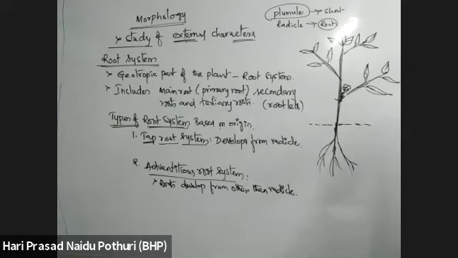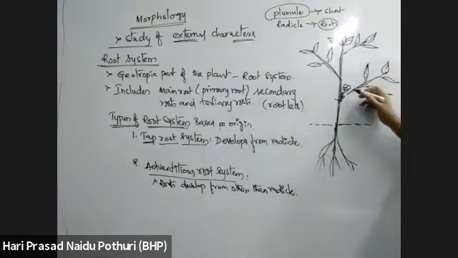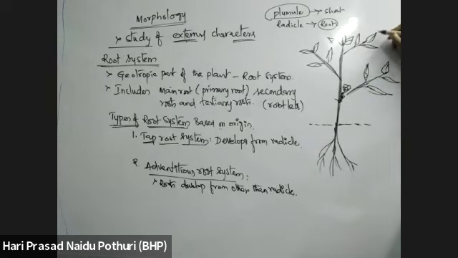Some parts of the plant have the ability to develop roots directly. These roots may be developing from the stem or branches or from the nodes of the stem, or some plants can develop roots from leaf notches. From the notches of leaves, there may be development of roots.